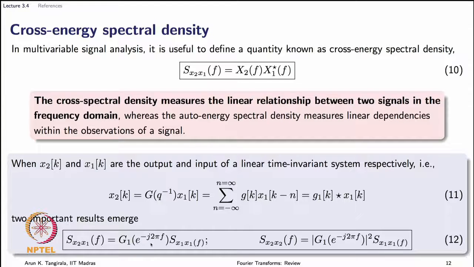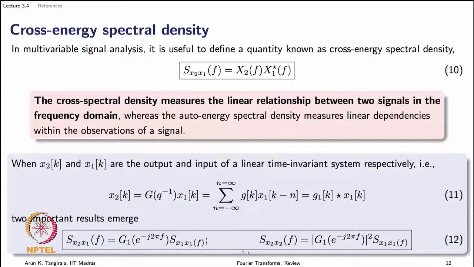This big G of e to the minus j 2 pi f is nothing but the discrete time Fourier transform of the impulse response coefficients that we have, which are denoted by the small g. And here we have the expression for the output spectral density in terms of the input energy spectral density. But now again the frequency response function comes into the picture, but the magnitude square now plays a role.